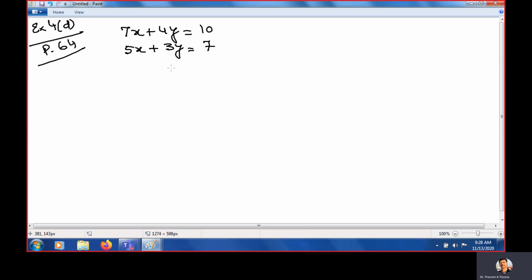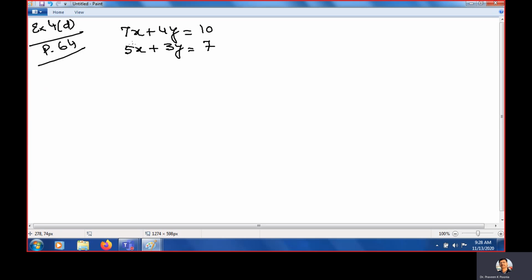This is clear. Now look here. There is no positive negative, everything is positive, and also none are the same. Clear? So if they are different, what can you do? Now you need to decide: you want to eliminate x or you want to eliminate y. Because in the last two questions we eliminated y, let us try to eliminate x here.